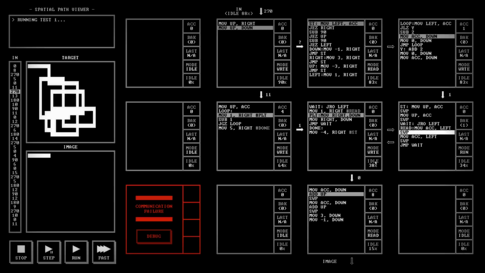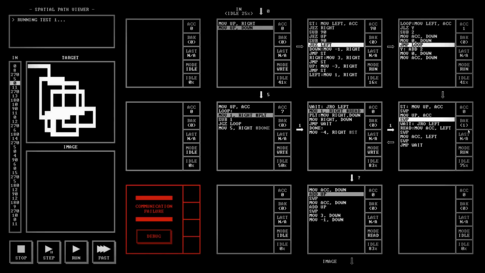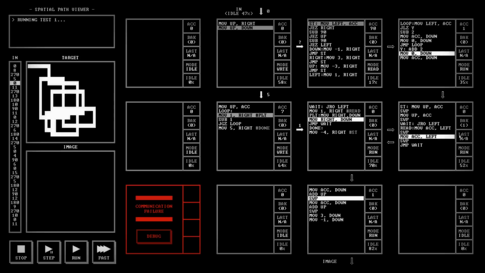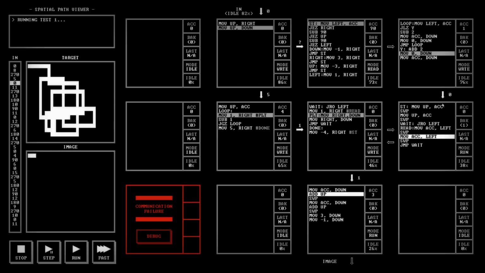Zero, 1. Yeah, so you want to move down. What? I don't understand. Okay, so when you're sitting in wait, you have 1, 0. Yeah, 1, 0. It's hard to tell what's timed with what here because they all have their own individual delays.